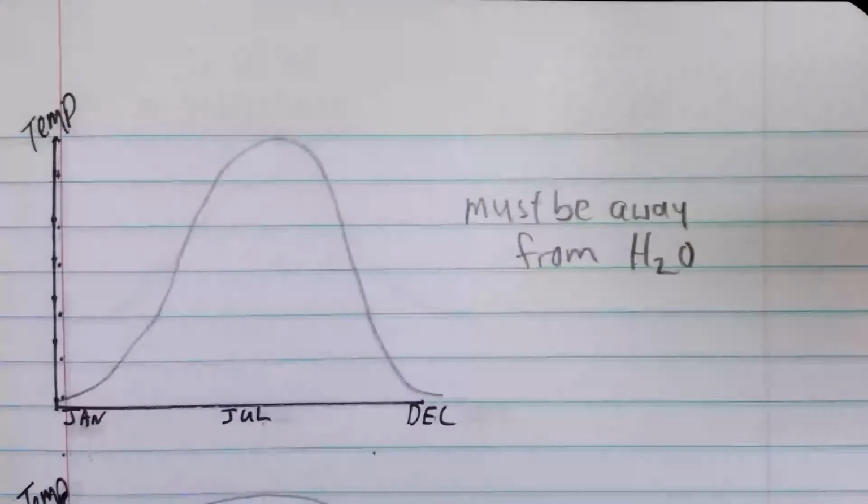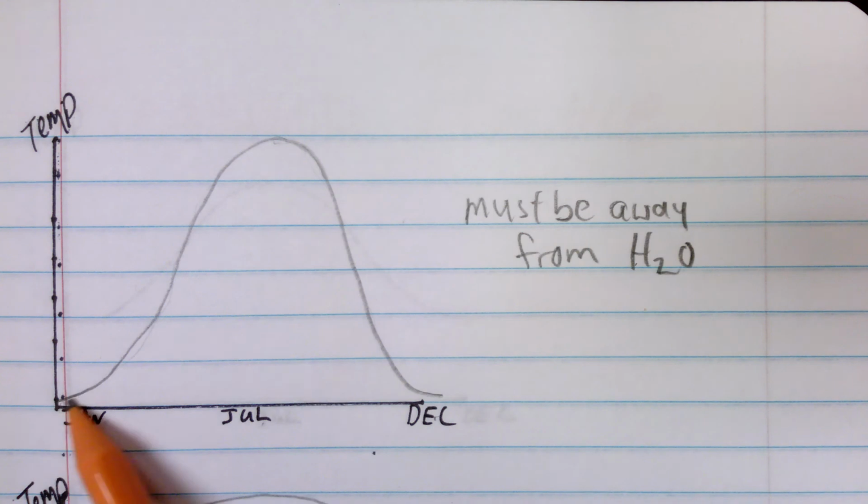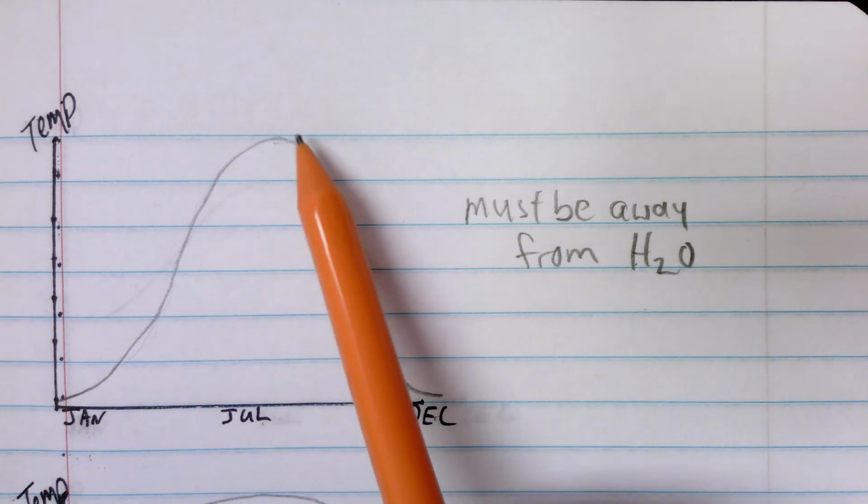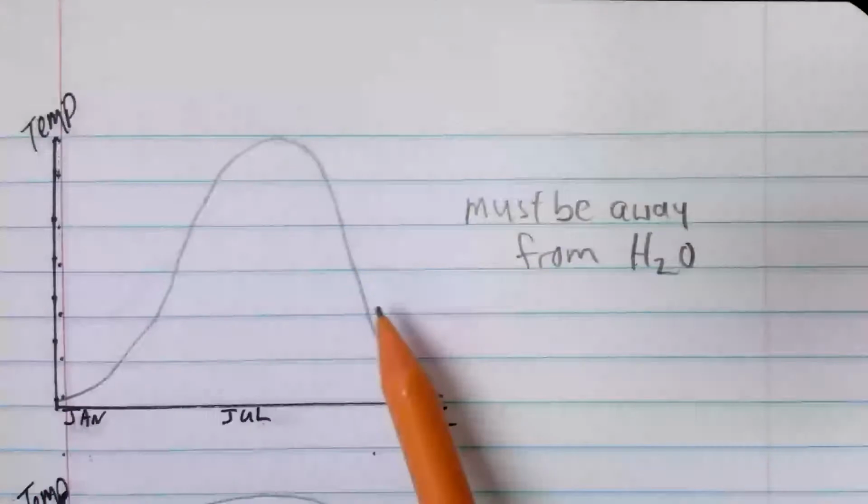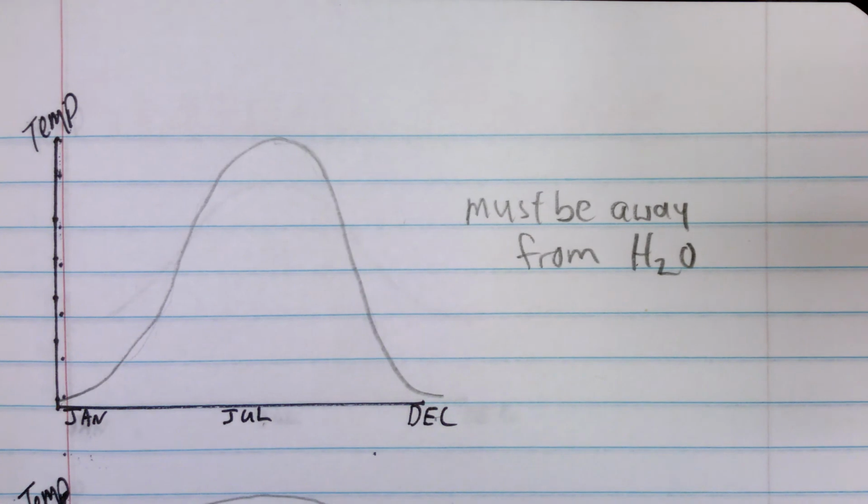A place like an island or someplace on the coast, remember, if you're close to water, you just can't change temperatures that much. So this has got to be a place that's really far from the water. Like, I don't know, the middle of our country or the middle of Canada or the middle of Alaska. Someplace that's not an island and it's not near the coast.